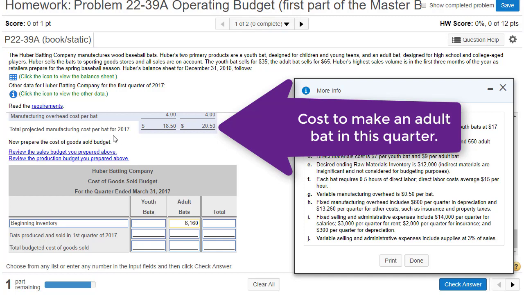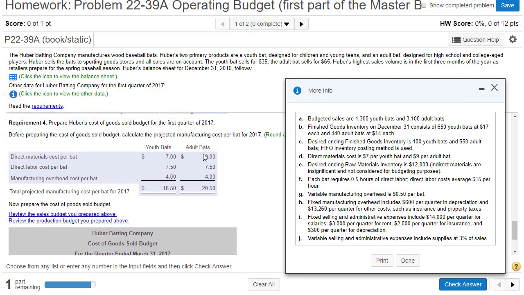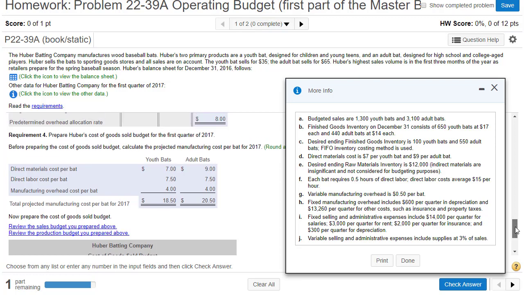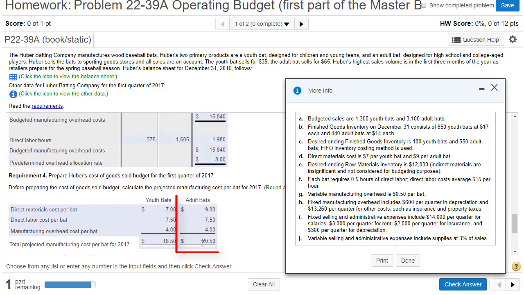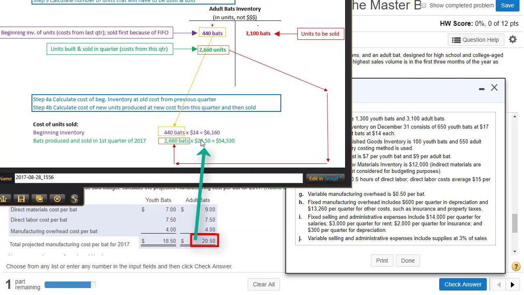That's our total projected manufacturing cost per bat. So our adult bats we think are going to cost us $20.50 to make in this first quarter. That's where I came up with this $20.50. So 2,660 bats that we need to build and sell this quarter times $20.50 gives us cost of goods sold of $54,530.